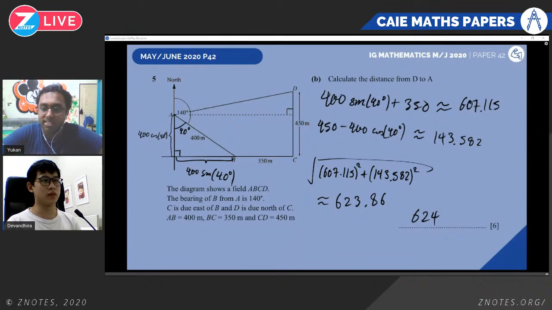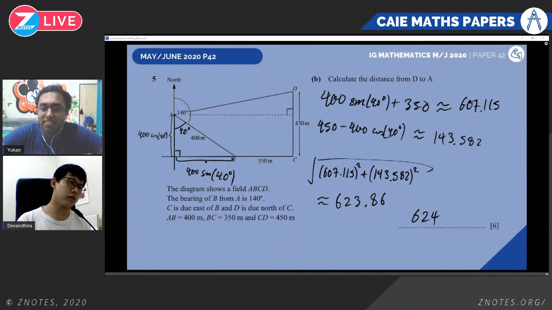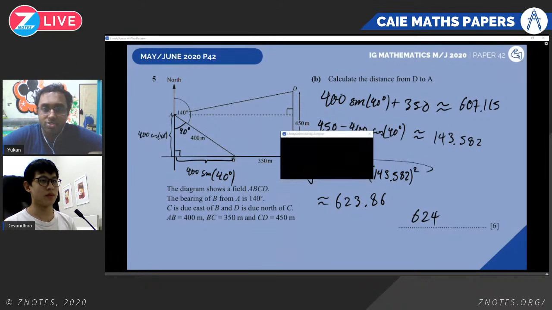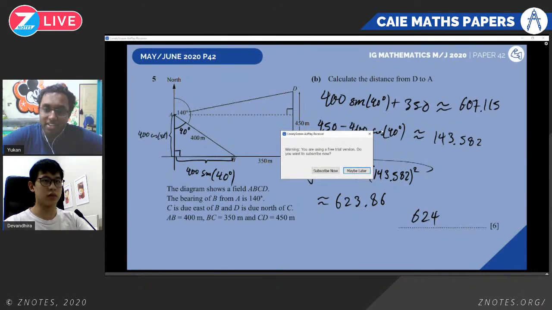It carries a lot of marks, and it can save you if you know how to use it properly. Without sine and cosine, I don't think there's a really good way to approach this question. Just memorize your SOHCAHTOA, really learn how to do your sine and cosine, and you should be fine. It's really not that difficult.